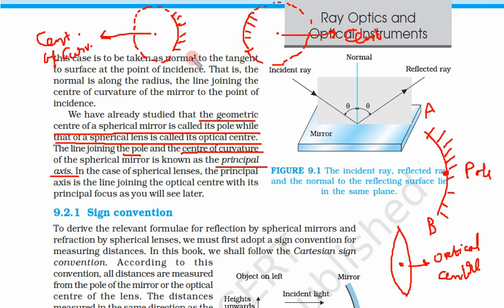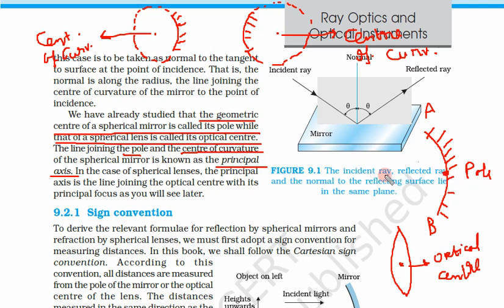For a concave mirror, the center of curvature is on the side of the reflecting surface. Here it is towards the side of the non-reflecting surface. So this is the center of curvature for a convex mirror. So now we know what the center of curvature is.